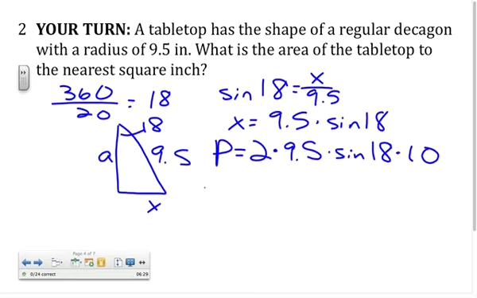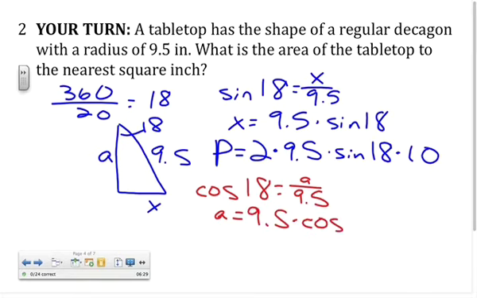Along the same lines, the cosine of 18 would be used to find my apothem. I would put my apothem over 9.5, which means my apothem is 9.5 times the cosine of 18.